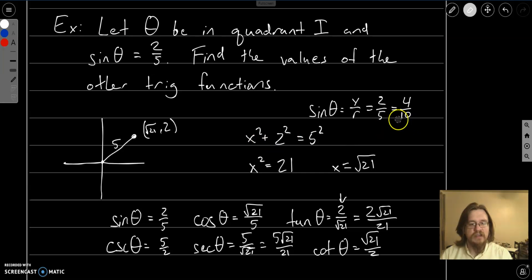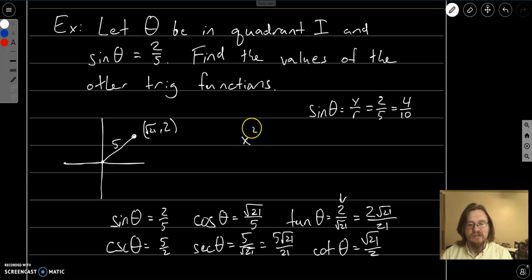So for instance, if we wanted to do 4/10 instead, we could calculate x again. So x squared plus 4 squared would be equal to 10 squared. So x squared would be equal to 10 squared, which is 100, minus 4 squared, which is 16, so that would give us 84.